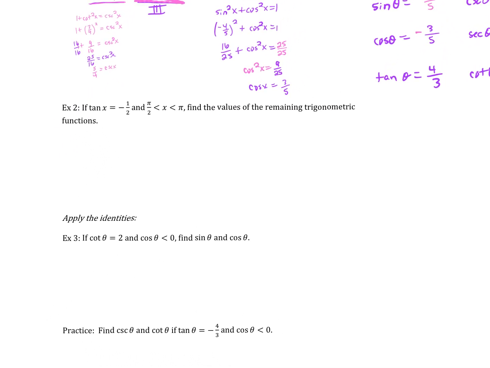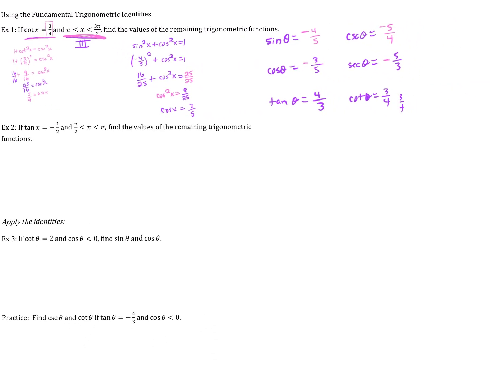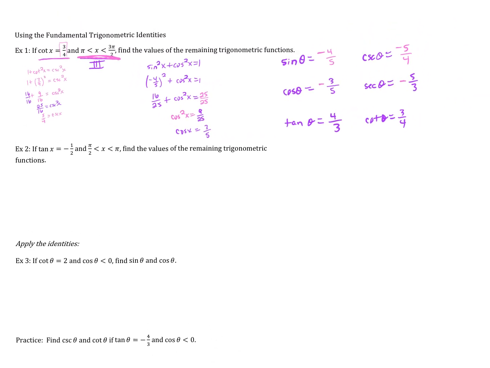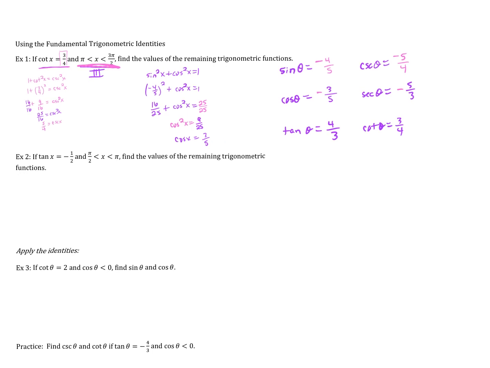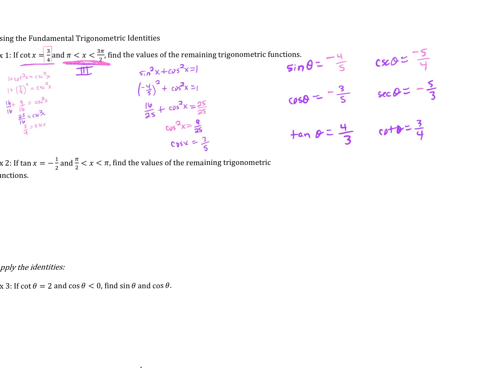All right, let's try this next one. We're going to be doing a similar process. The cosine is negative, yes. Why? Because we are in quadrant 3. So sine theta. I'm going to write this out first just to get this out of the way. Okay, and then let's think about sines.